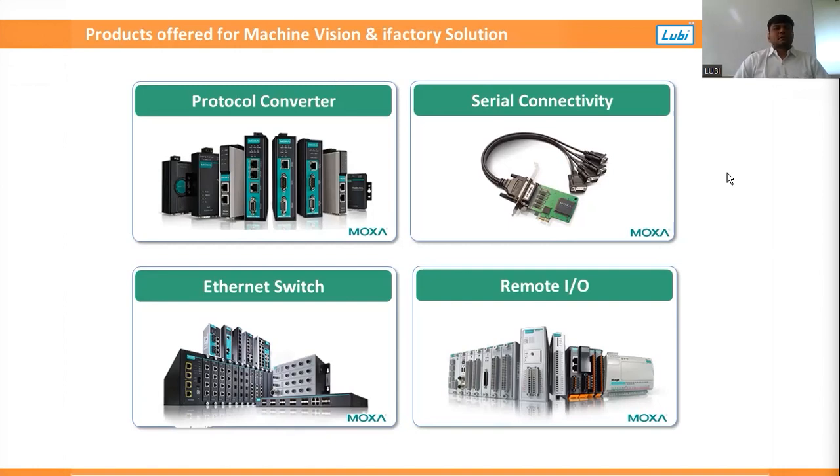We have protocol converters for Modbus TCP/IP to serial connectivity, Ethernet IP, CANopen. For high-end multiple serial connectivity, we have 2 port, 4 port, 8 port, 16 port, PCI and PCI Express based serial connectivity, RS232, 422, 485 PCI cards. We have Ethernet switches, unmanaged, managed, layer 2, layer 3, 5 port, 8 port, 16 port, 24 port, fiber switches. There are multiple types of switches in our basket.